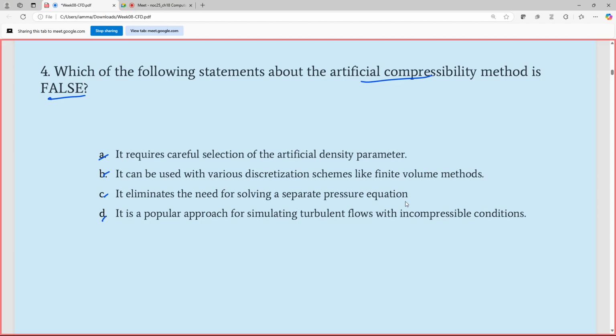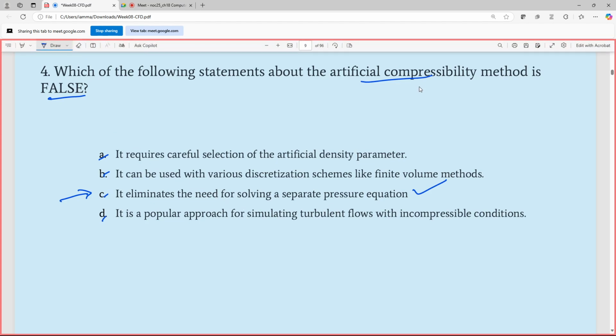Our answer is option C. The answer is option C, because it is stating that it eliminates the need for solving a separate pressure equation. No, it is false, because there is a requirement for solving a separate pressure equation.